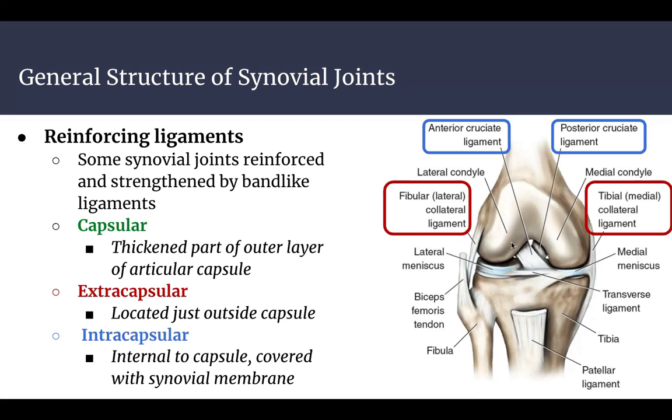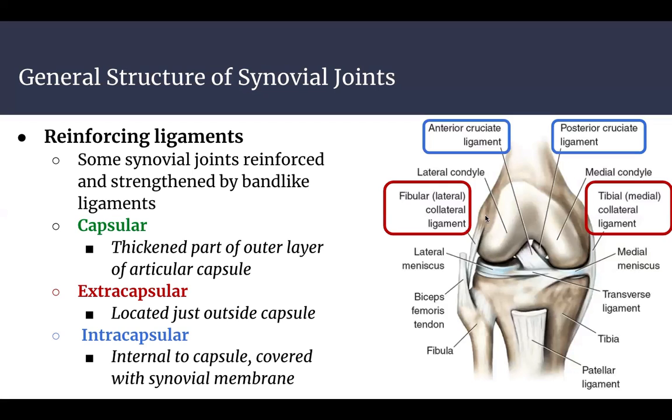And we have these ligaments here that I've labeled with the blue boxes. These are the anterior and posterior cruciate ligaments. Cruciate because they're forming a cross, and they cross over in the middle of the joint capsule of the knee. So they're contained in the capsule.